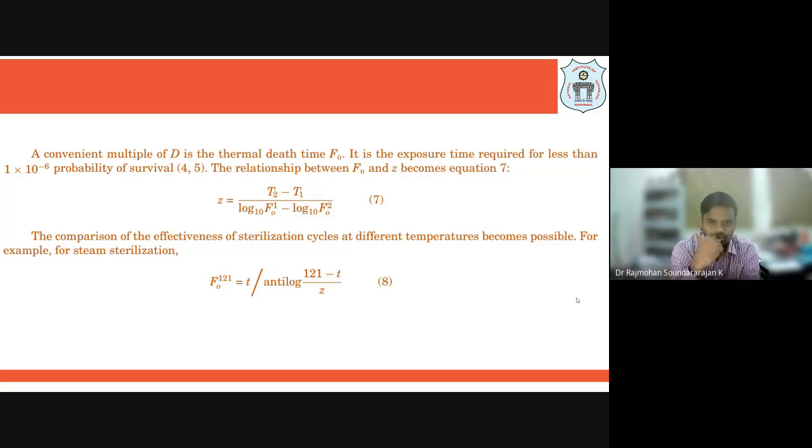The relationship between F naught and Z can be expressed in equation 7; you can refer to it. The comparison of the effectiveness of sterilization cycles at different temperatures becomes possible, and we have the equation with T by antilog of (121 minus T) by Z. Okay.